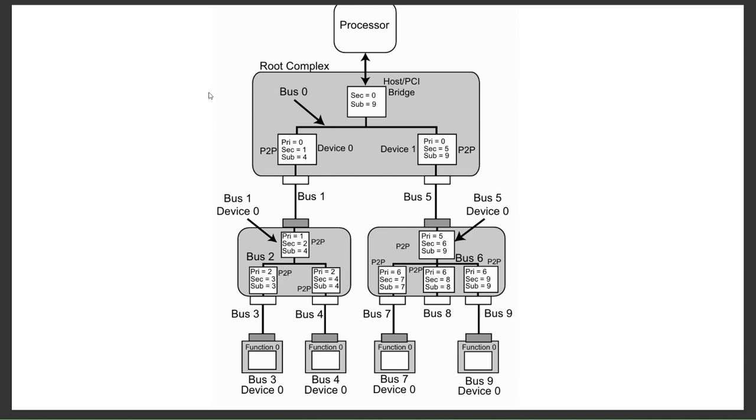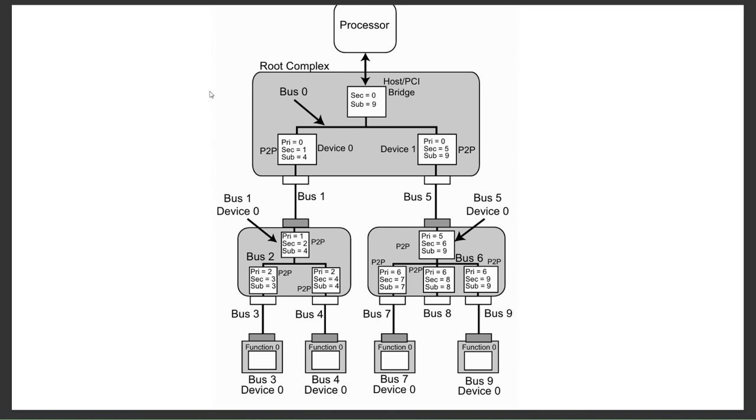And it sends a type 0 configuration request, which is a request to configure a device directly on the bus. And if the target bus falls between the secondary bus number and the subordinate bus number, the host bridge forwards the request as a type 1 configuration request.